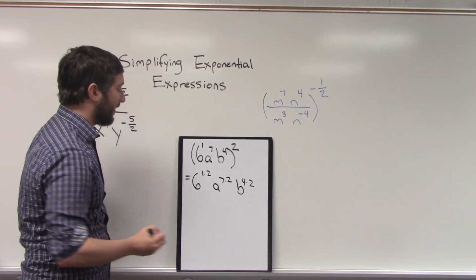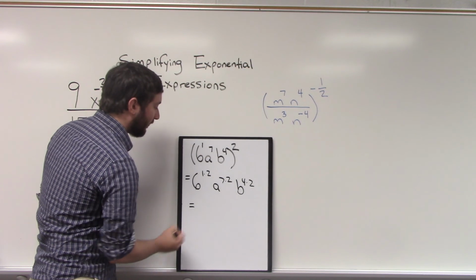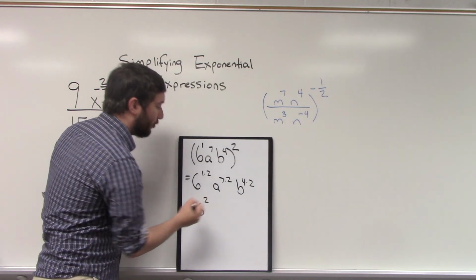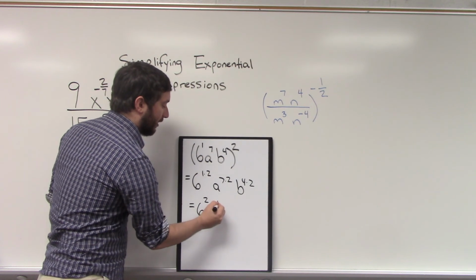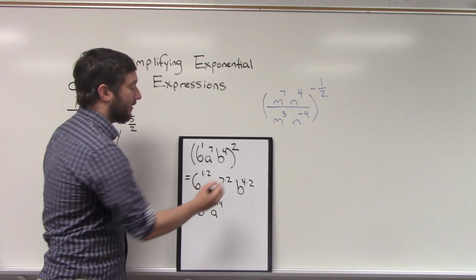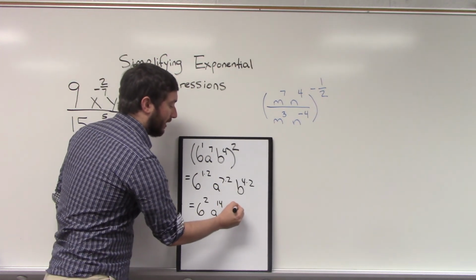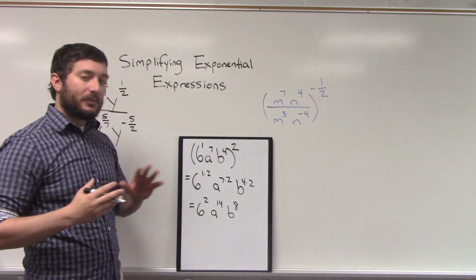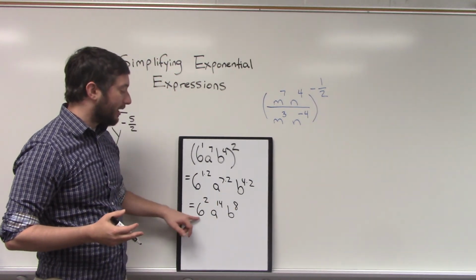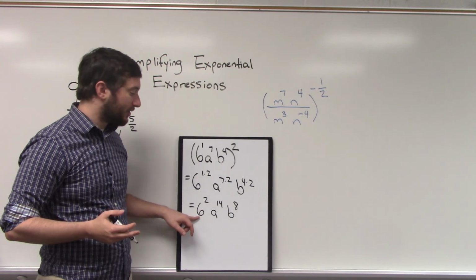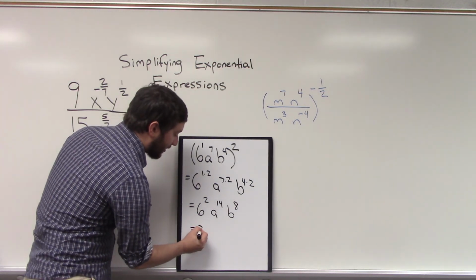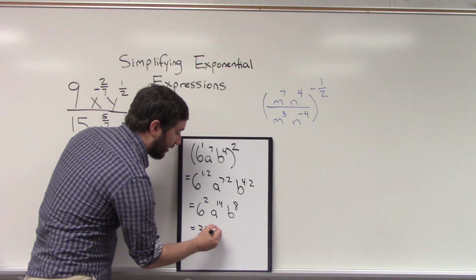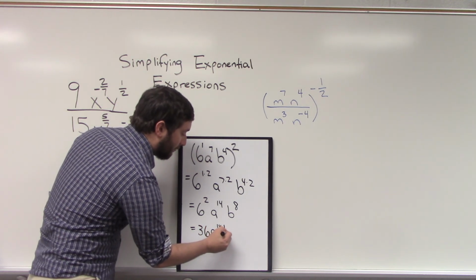Simplifying this further, 1 times 2 is just 2, right? 7 times 2 will be an exponent of 14 now, and 4 times 2 will be 8. The last thing we have to do here is to make sure that our number is simplified as well as our variables. So 6 squared is 6 times 6, and that is 36, a to the 14th, b to the 8th power.